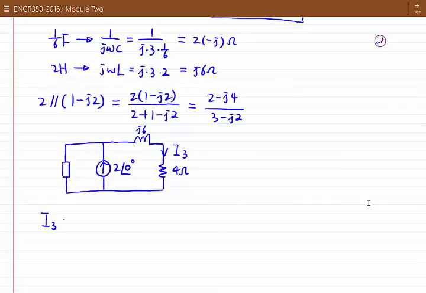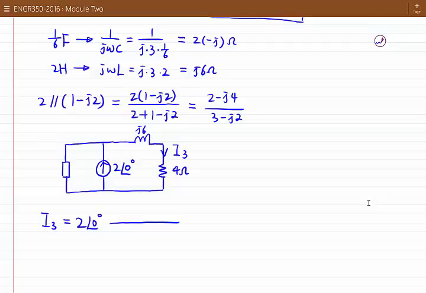So the current divider is a very convenient tool to calculate a current in a paralleling branch if we know the total current. So if the total current here is 2 times 0 degree, and I want to calculate the current flowing into one branch, which is 4 ohm plus j6 ohm, I have a fraction here.